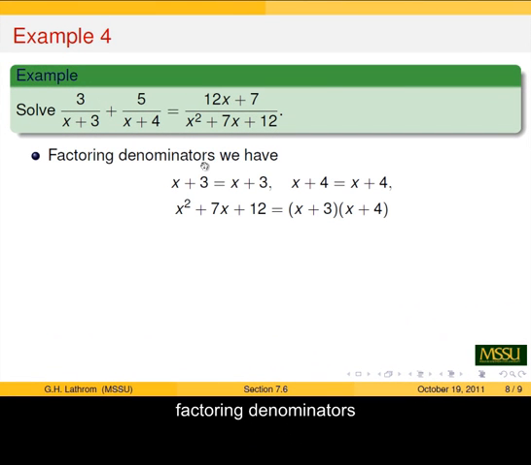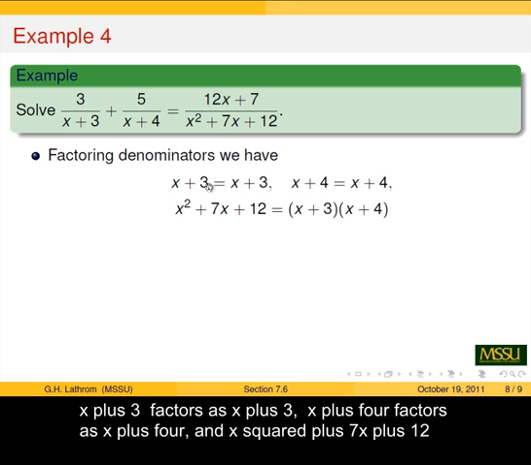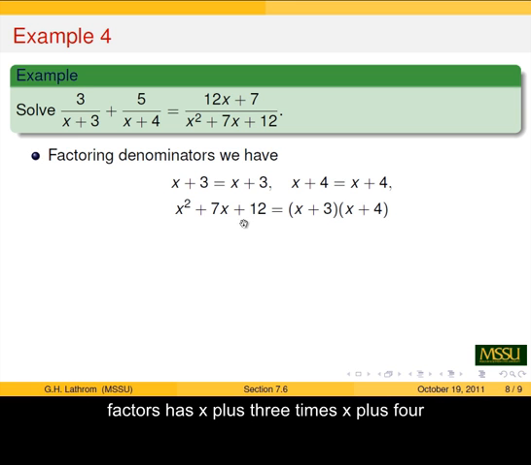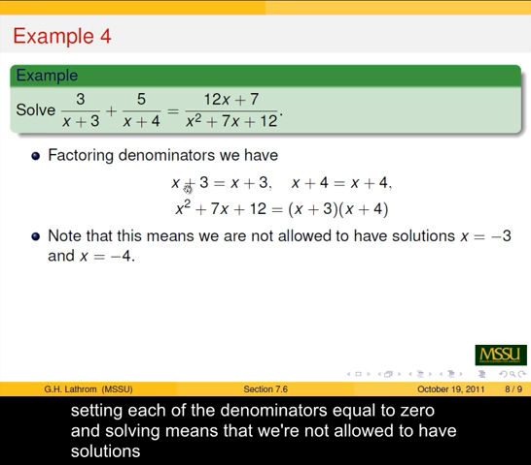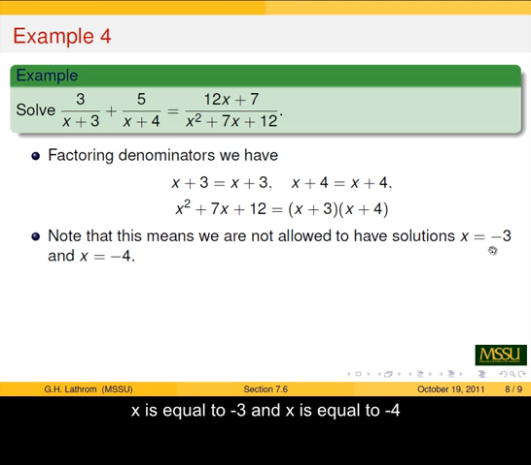Factoring the denominators, x plus 3 factors as x plus 3, x plus 4 factors as x plus 4, and x squared plus 7x plus 12 factors as (x plus 3) times (x plus 4). Setting each of the denominators equal to 0 means that we are not allowed to have solutions x equal to negative 3 and x equal to negative 4.